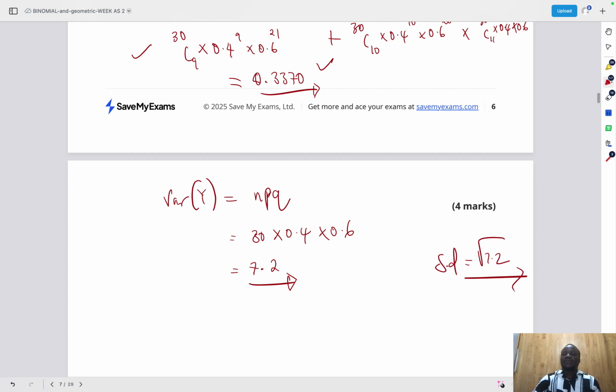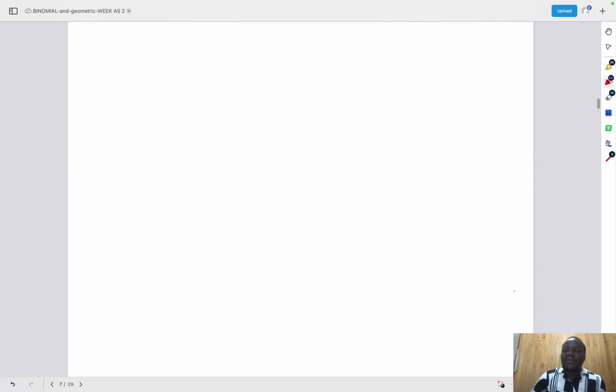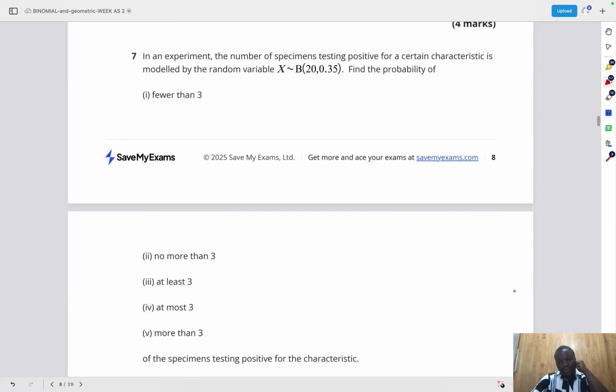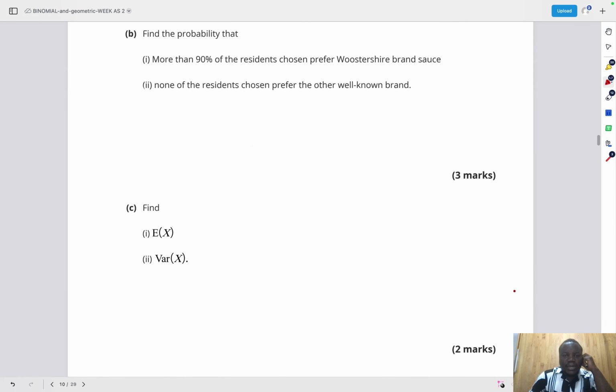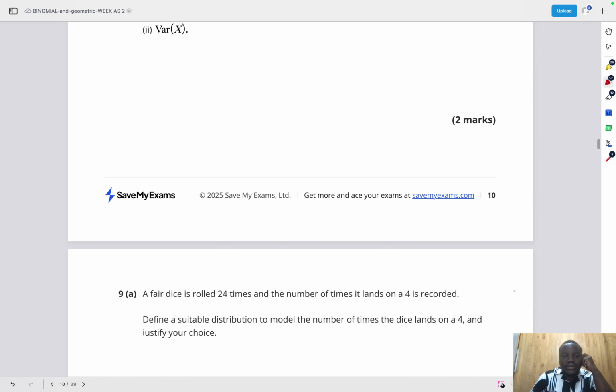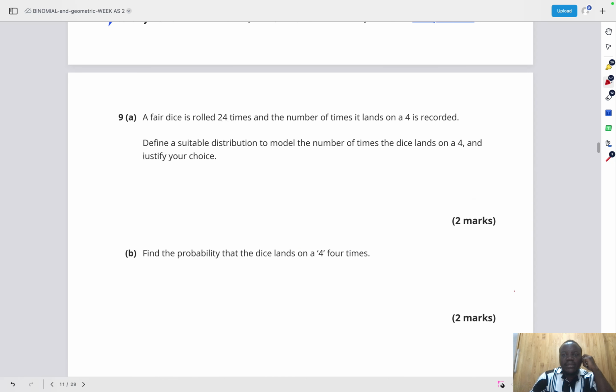So that's that question. I don't think there are other questions on binomial distribution that need us to do more. Let's look at this: a fair dice is rolled 24 times and the number of times it lands on a 4 is recorded. Define a suitable distribution to model this.